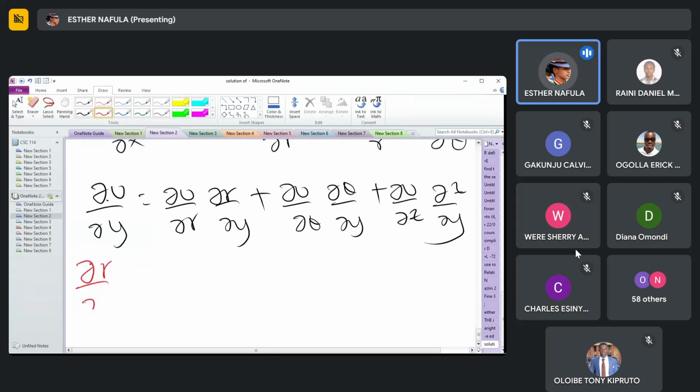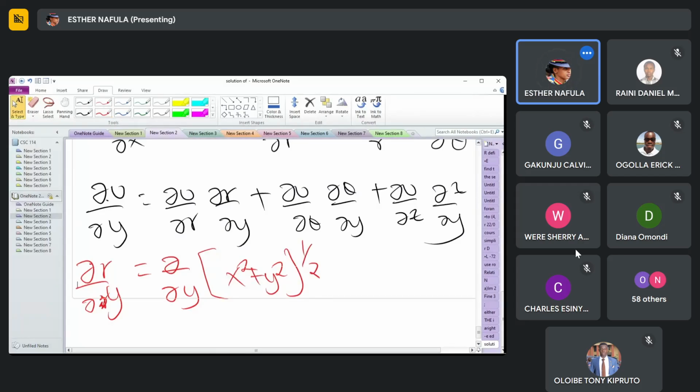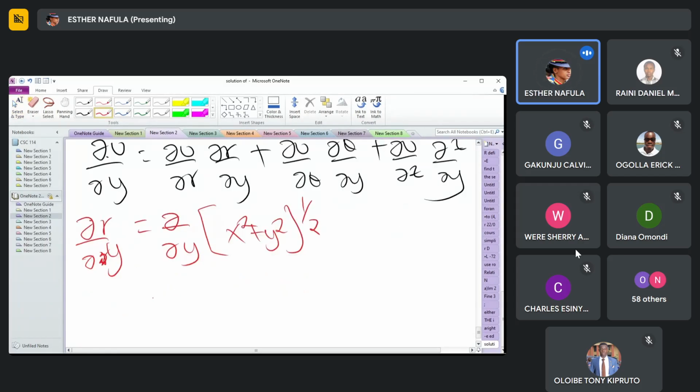Partial r, partial y is the partial derivative with respect to y of our r, which is x squared plus y squared raised to power half. This is a half times x squared plus y squared raised to minus a half times the derivative of x squared plus y squared with respect to y, so times 2y.